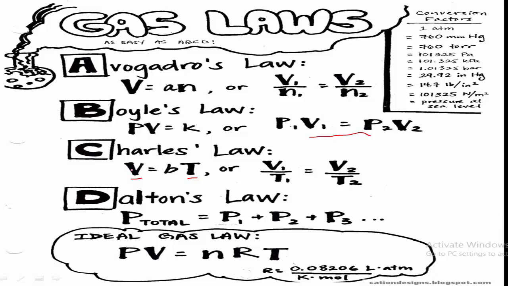Here volume is directly proportional to temperature, and for two different conditions, the expression V1 by T1 equals V2 by T2 is used.